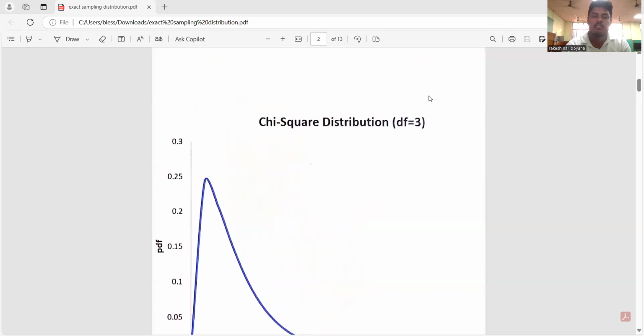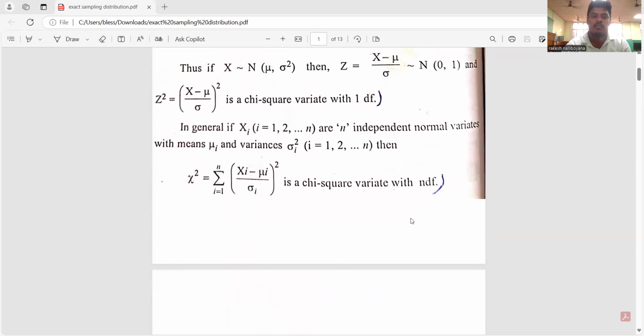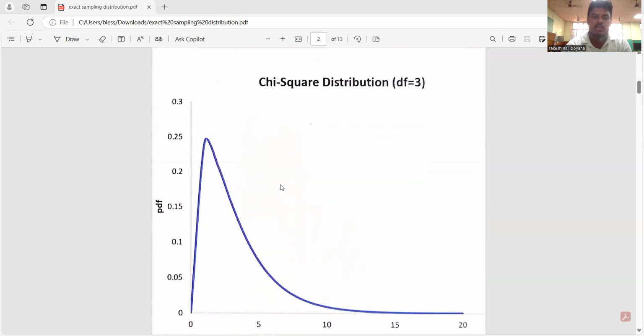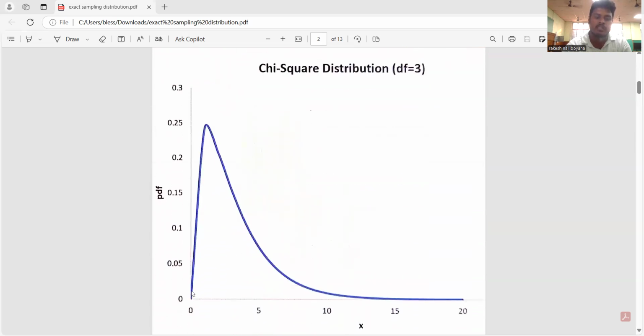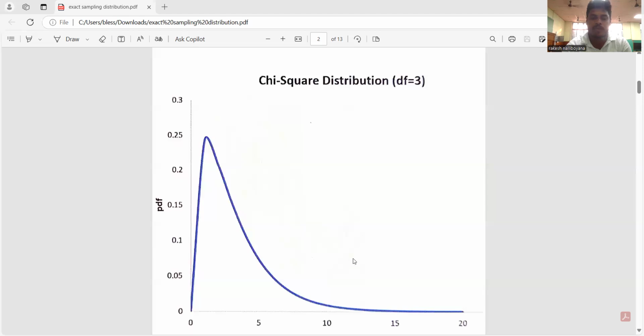That is the reason the distribution is stretched to the right. Here we are squaring the standard normal variate, and whenever we square a value, it automatically becomes positive. So that is the reason the graph appears like this.